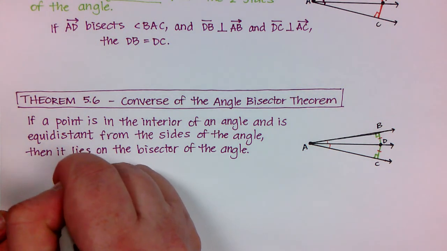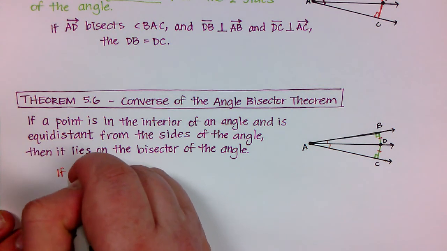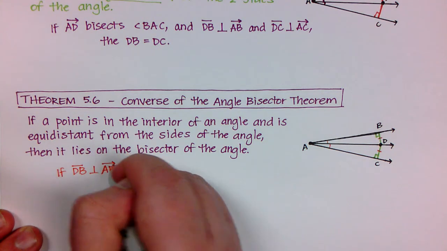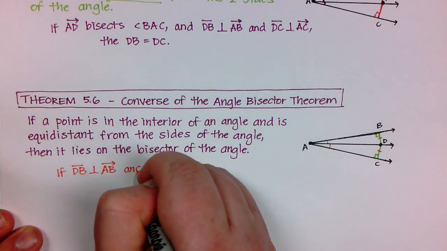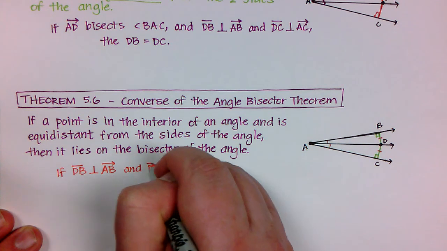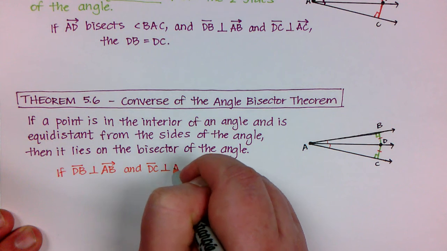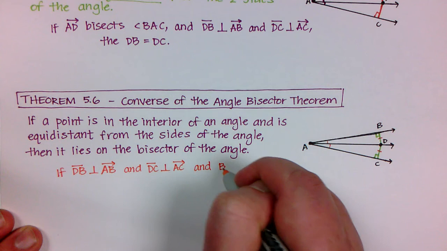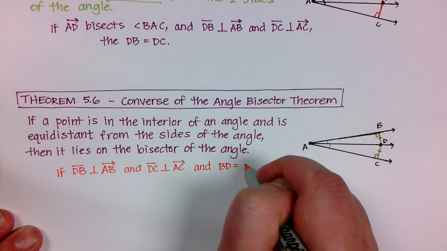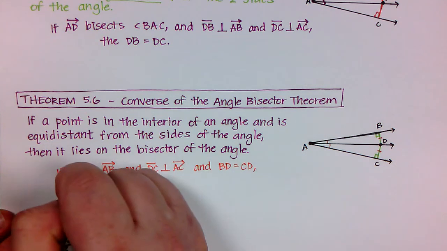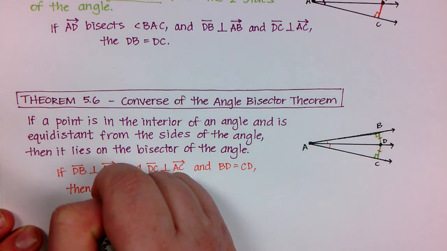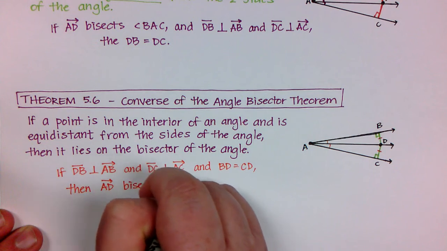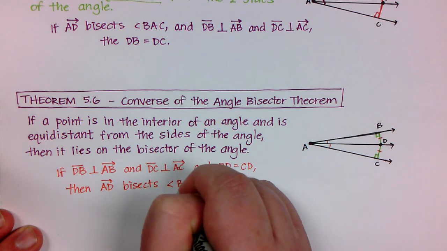If DB is perpendicular to AB and DC is perpendicular to AC, and if the lengths BD is equal to CD, then I can conclude that AD is bisecting that big angle BAC.